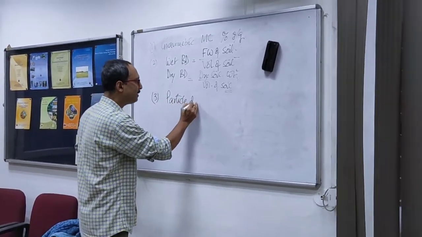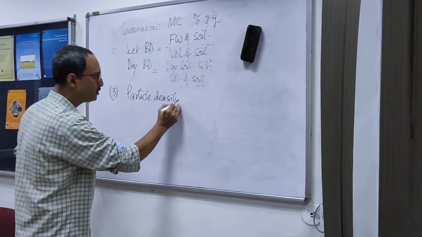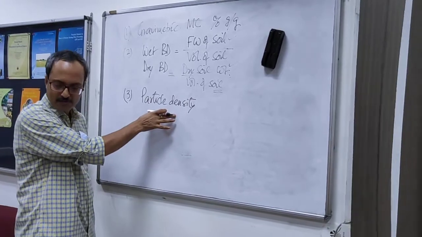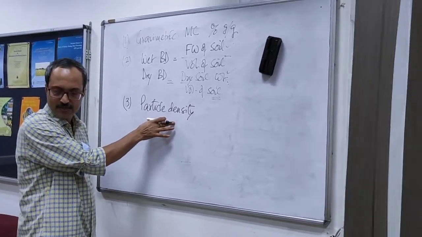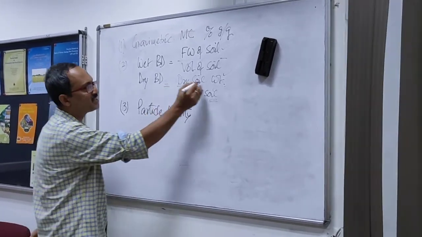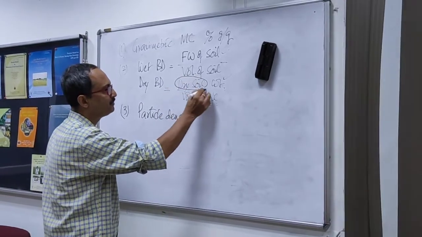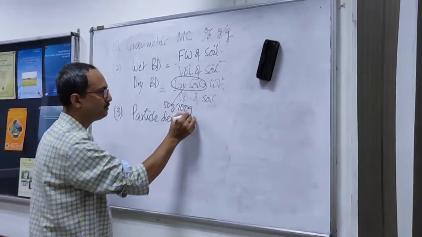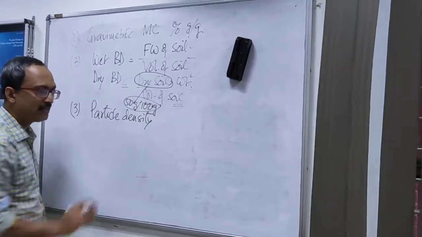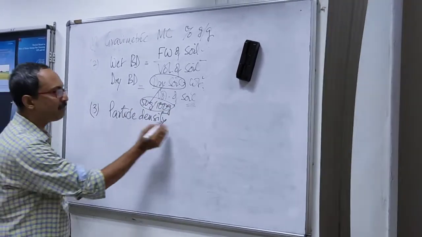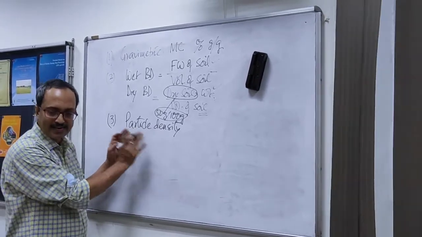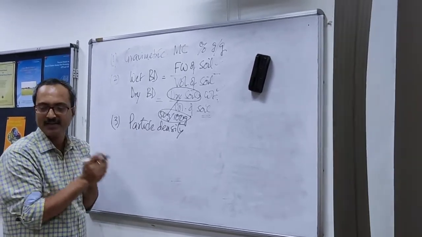So the same sample you will be using, but this has a certain protocol, a method which I will be explaining to you in other classes. So this particle density means the same dry soil you will be taking. You will take 50 gram or 100 gram of this dry soil, and we will do the particle density. So you will get a particle density value. We will use a pycnometer, and that we will definitely have to have another class for.